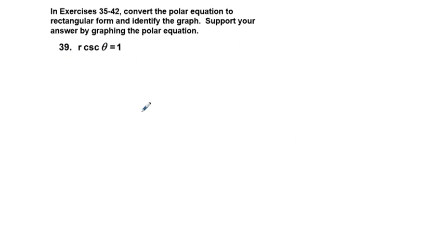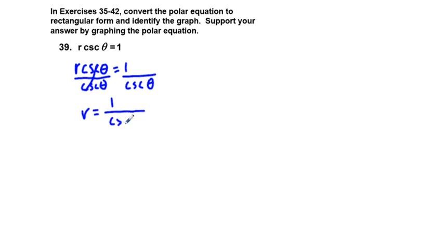Problem 39, we have r cosecant theta equals 1. So this is not really in the r equals form, but what we're going to do is take this r cosecant theta equals 1 and divide both sides of this equation by cosecant theta. And so what we have left is r equals 1 over cosecant theta.